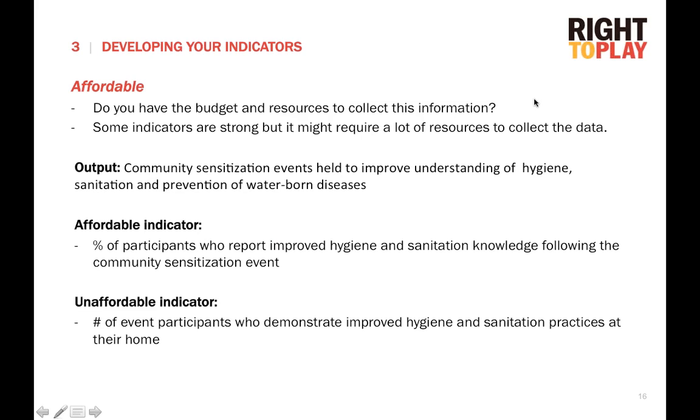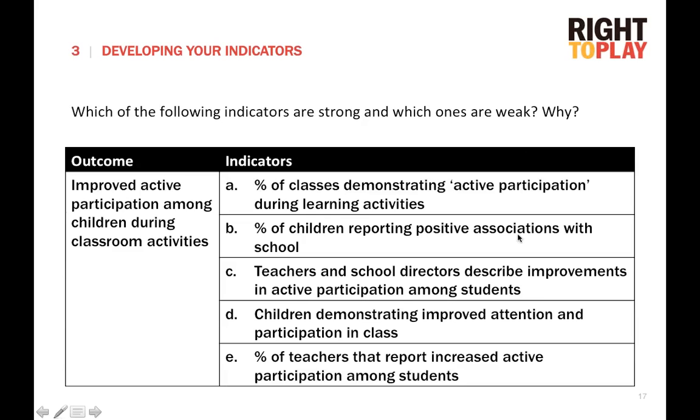All right. Thanks, Suzanne. So the next thing that we're going to do here is I'm actually going to give you a chance to practice a little bit and to put what we've just discussed into use. So you'll see there's a chart here, and I have an outcome in the left-hand column and 5 different potential indicators in the right-hand column.